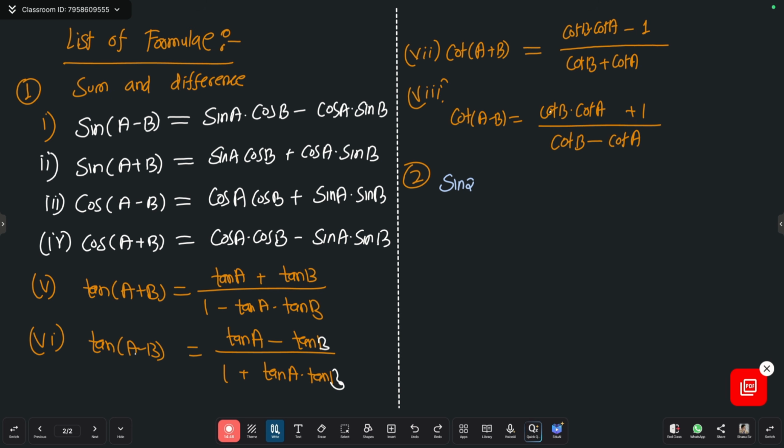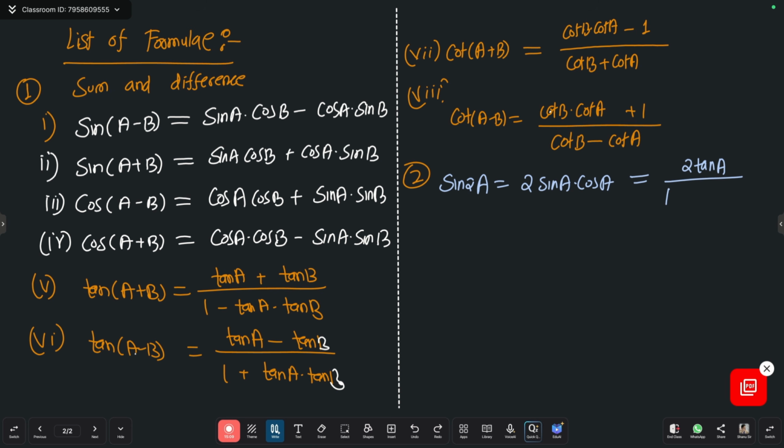So sine 2A is 2 sine A cos A. One is this, and one is 2 tan A upon, do you know this? Now you should know.